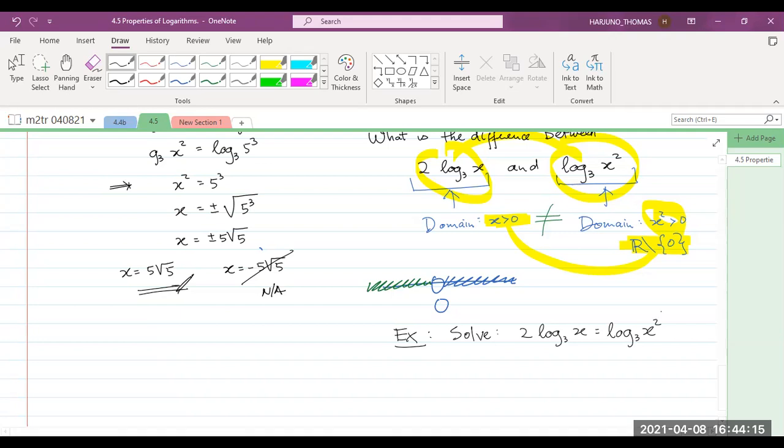Now, some people say, oh, this is just an identity. The solution will be all real numbers. It is not true. It is true they are an identity, but the solution is not all real numbers.